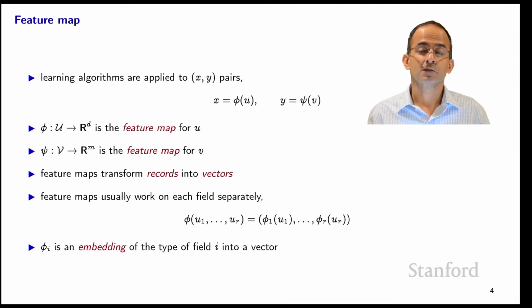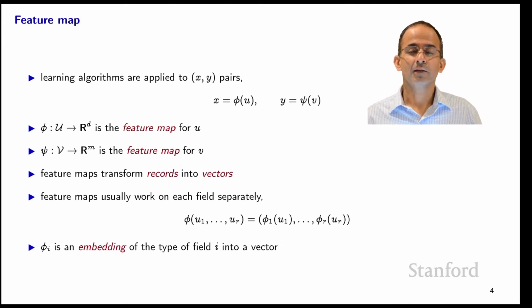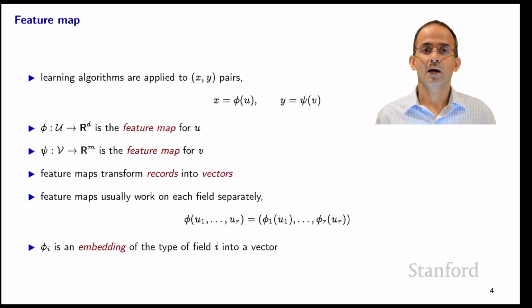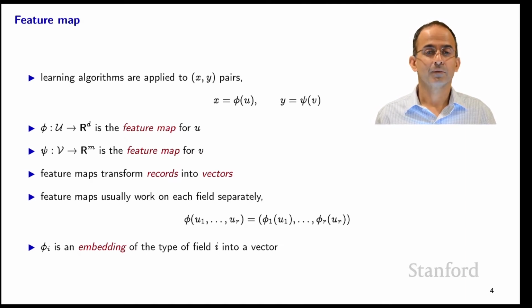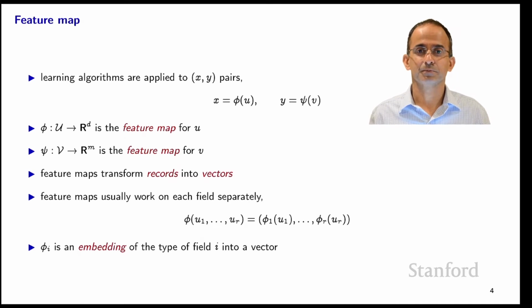Learning algorithms are applied to x, y pairs, which are just vectors. The functions are called phi and psi. So phi takes a u and gives us an x, and psi takes a v and gives us a y. These are the feature maps. They transform data records into vectors.